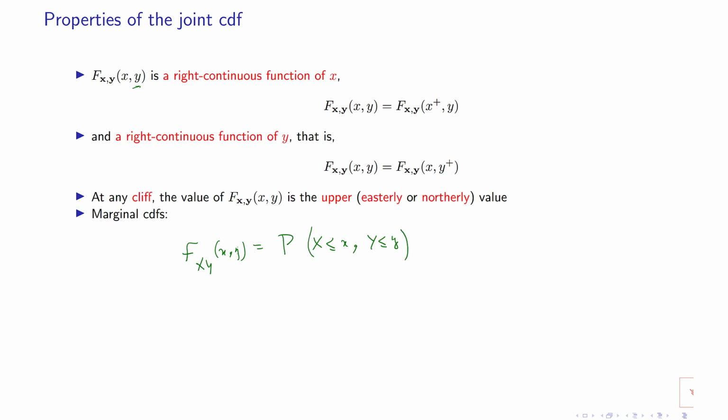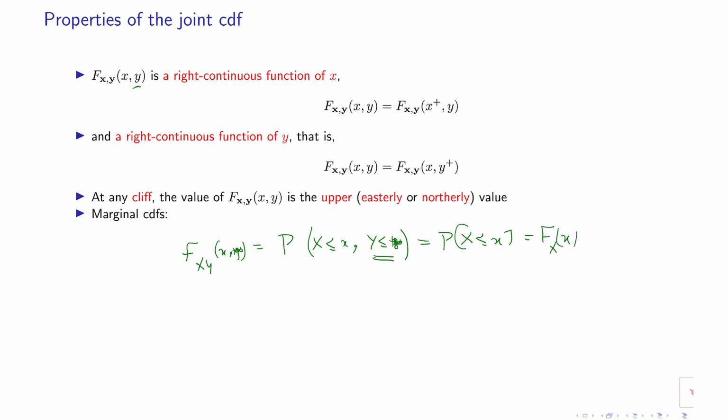If I replace y by plus infinity, this event becomes the whole sample space. This comma is an intersection, so this becomes the probability that X is smaller than or equal to x, and you get F_X of x.